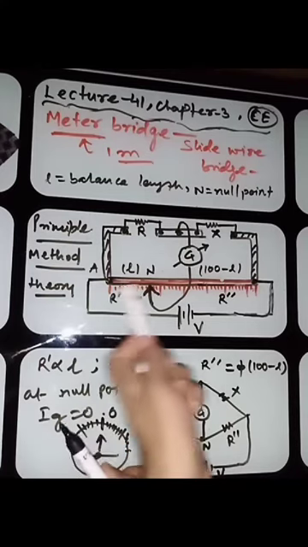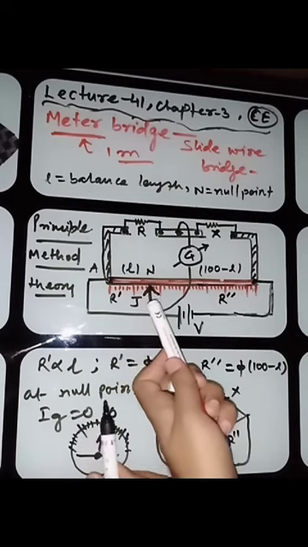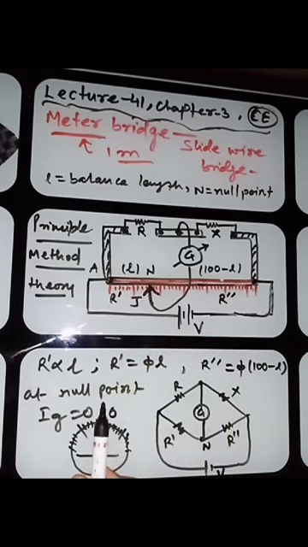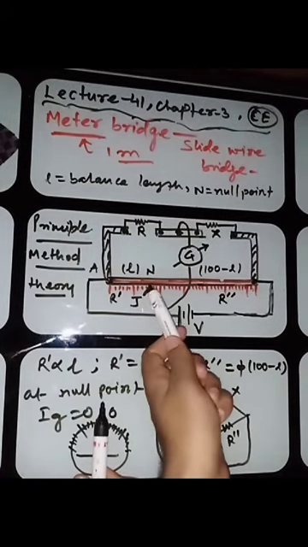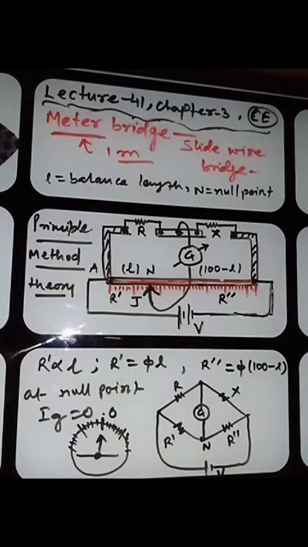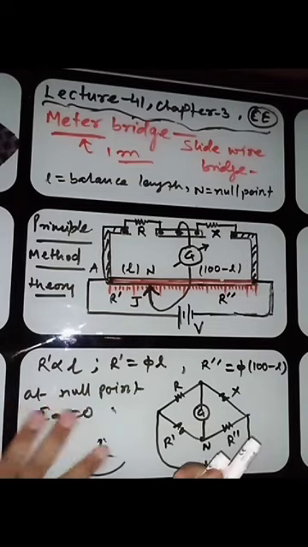It means there is a point at which this galvanometer will be at how much? At 0. And at that point you can say the current through this particular wire is how much? It is 0. And that point is called the null point. Alright. So I'm erasing this one. This was the simple structure of the galvanometer.